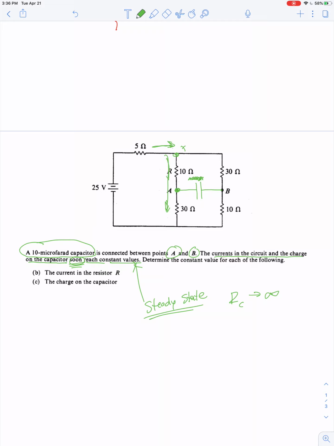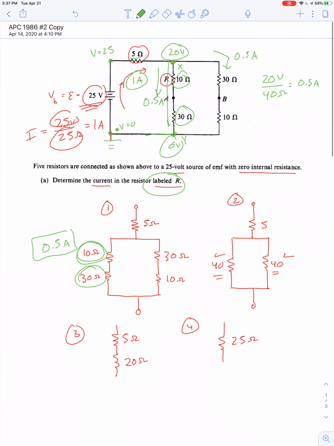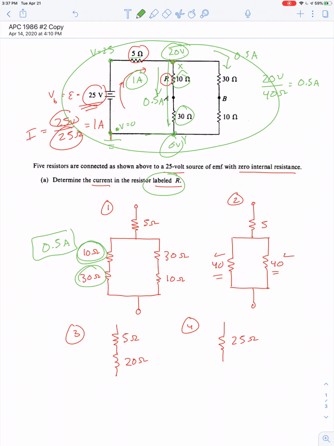If it's flowed through the 10 ohm resistor, it's that very same amount of current that's also flowing through the 30 ohm resistor, right? There's no bit of current that follows down that branch because in the steady state, the capacitor has infinite resistance. So you know what? I'm pretty sure that once we get to the steady state, this circuit behaves exactly the same as the circuit we solved earlier.